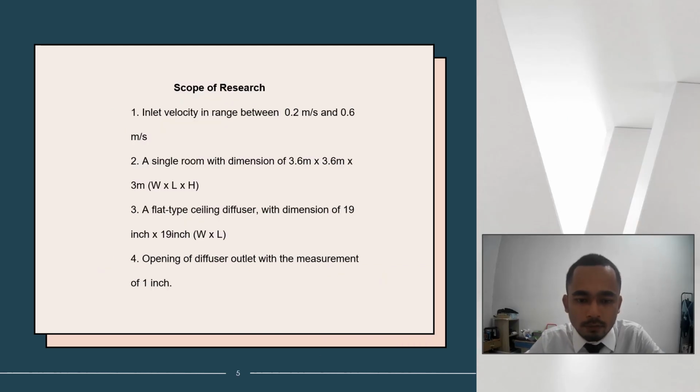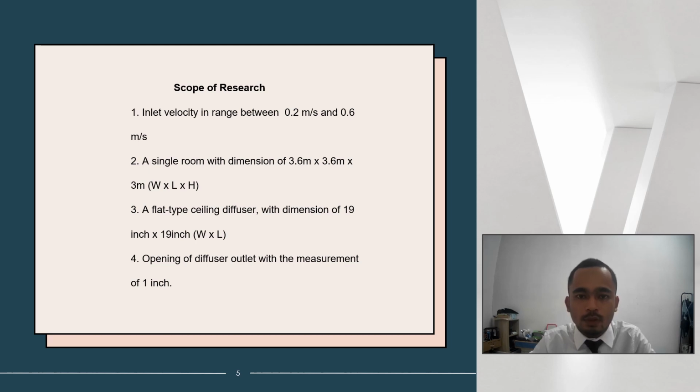Okay, next is the scope of research. First one is inlet velocity in the range between 0.2 meter per second and 0.6 meter per second, and this value is taken from previous research paper which also conduct CFD study for diffuser.